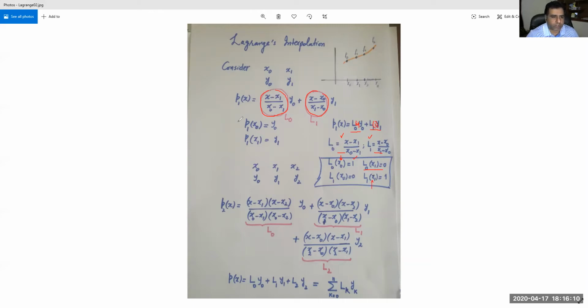So in general, we could say all these factors, if I generally denote, is Lk of x. They satisfy the Kronecker delta property. What I'm saying is that Lk of xj would give rise to two values. One, when k is equal to j, and 0 otherwise. Otherwise means when k is not equal to j.